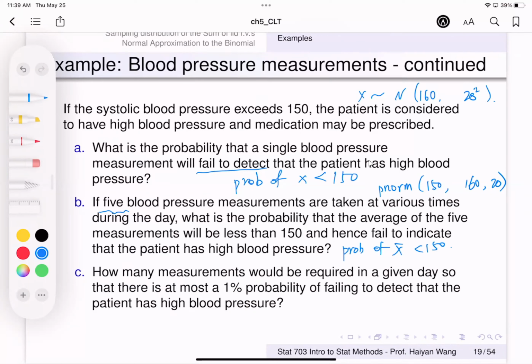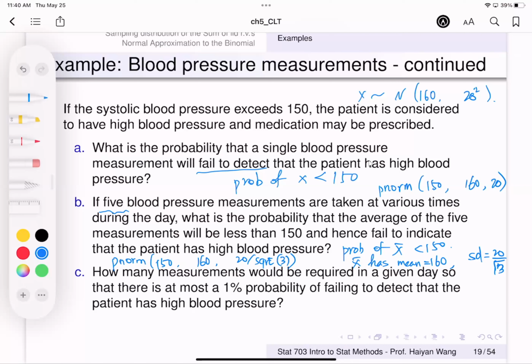In this case, we know X bar has a mean equal to 160 and the SD equal to 20 over square root of N. So this probability is computed with pnorm, where we put the 150 here, the center 160, and standard deviation 20 over the square root of N. After computation, you'll see this probability is around 0.13.